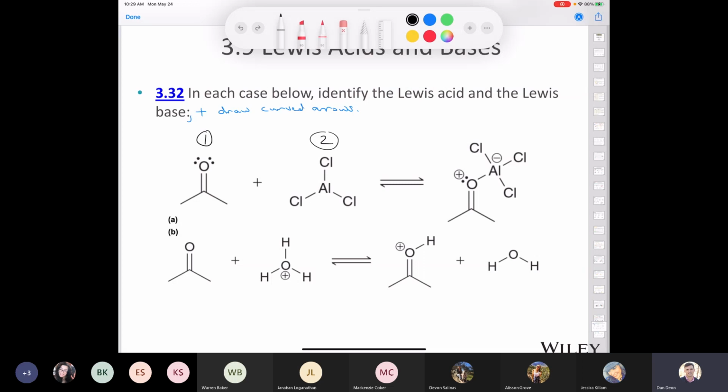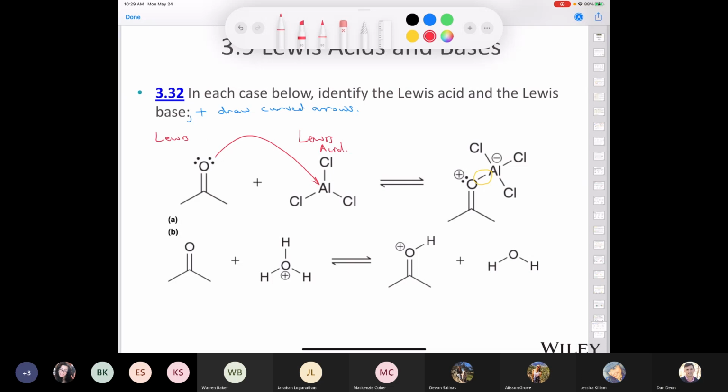If you look at what's changed when we make this intermediate here, this is the bond that's being formed. It's this one that I'm circling in yellow. And so if you draw the curved arrows for that, the ketone is donating the electrons and the aluminum is accepting the electrons. So number 2, this is the Lewis acid. And number 1 is the Lewis base.